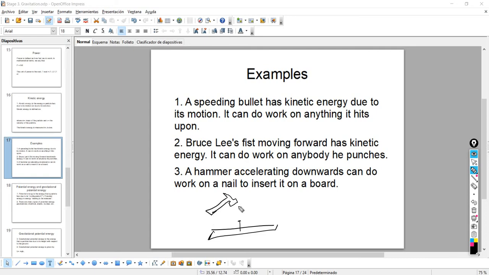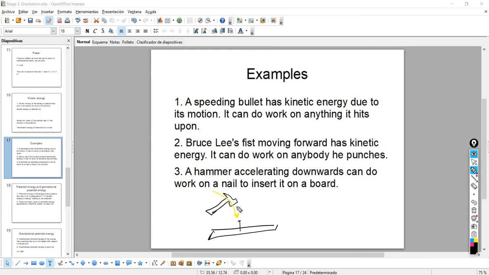Okay, so once you give velocity to the hammer downwards, once you put it into motion so that it approaches the head of the nail, what can we say about the hammer, about the head? This is the head, right? About the head of the hammer. We can say that head is going to have kinetic energy, right? Why? Because it's in motion.